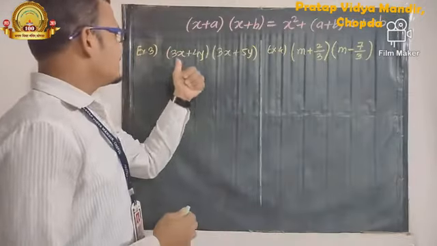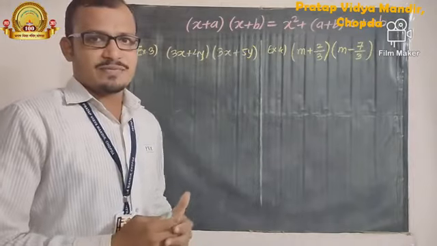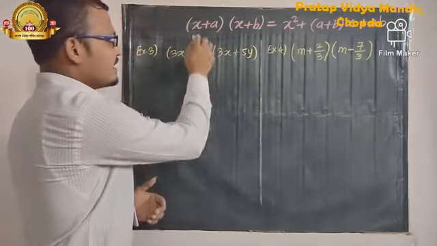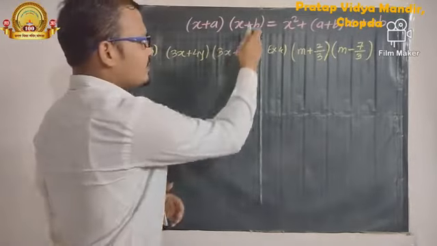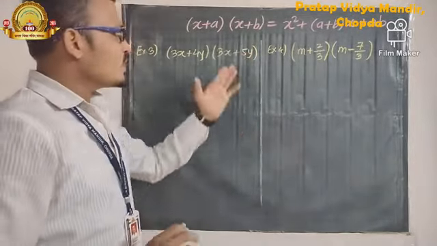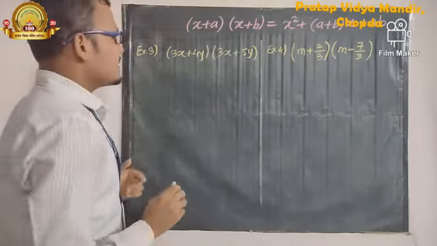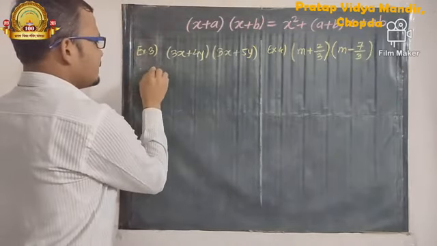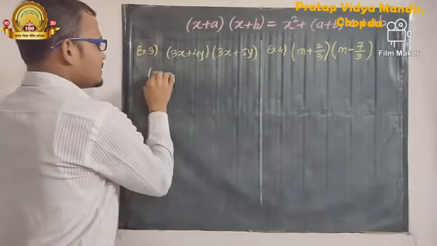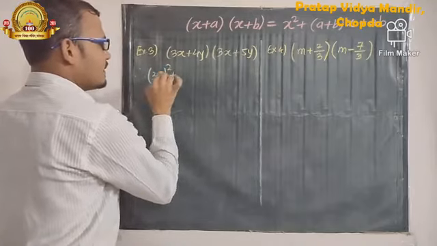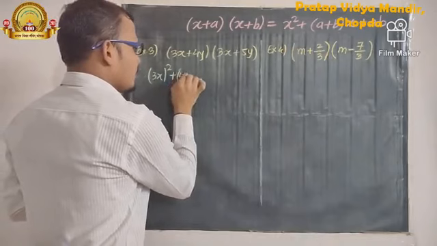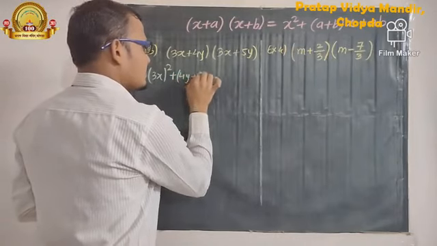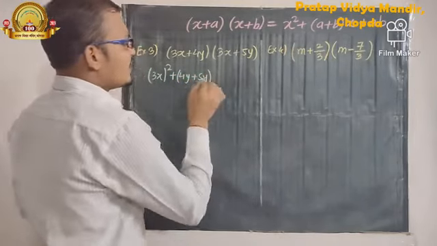This example is 3x plus 4y into 3x plus 5y. Friends, here x is replaced by 3x, a is replaced by 4y, and b is replaced by 5y. So let us apply this formula to this example, so that we get here x square means 3x square plus a plus b, that is 4y plus 5y into x.